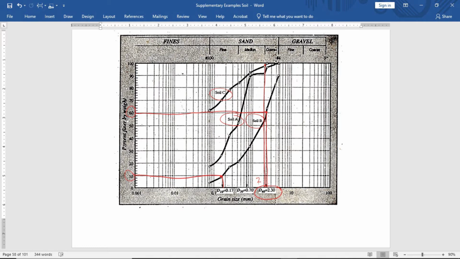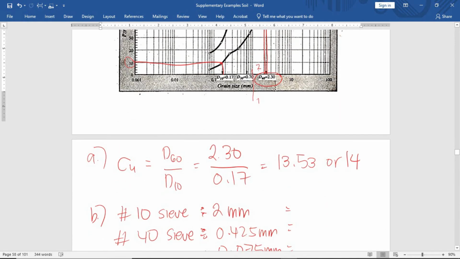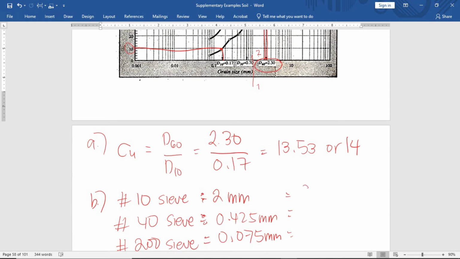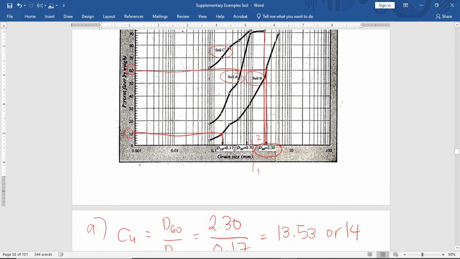Kasi ito yung 0.01, 0.1, 1, 2, 3, 4, 5, 6, 7, 8, 9, 10. So, 98%. Para naman sa 0.425, yan, 0.4.